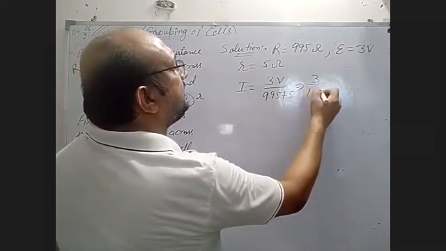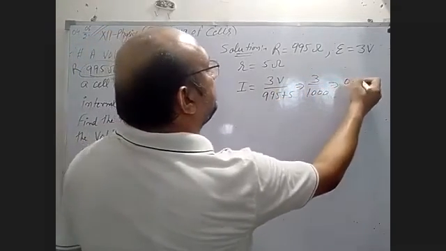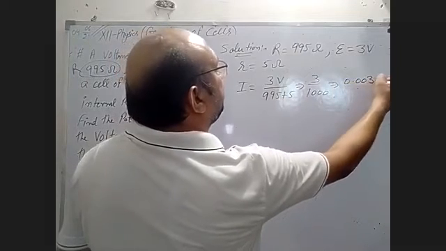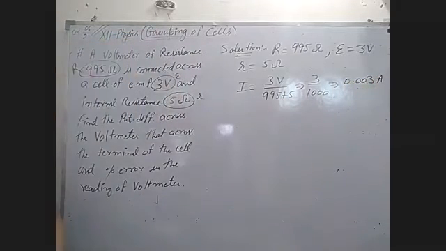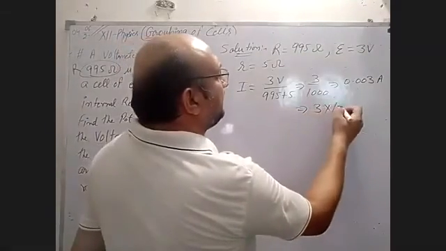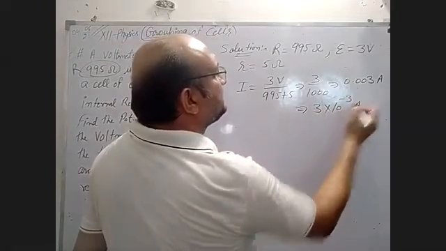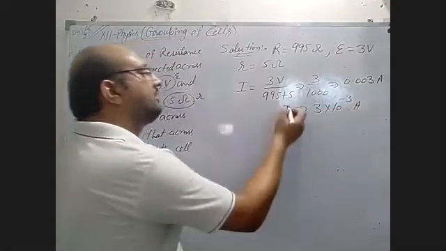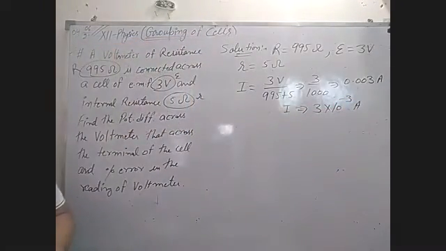Now 3 upon 1000, 0.003 ampere, or in milliampere, or 10 raised to the power -3. In this way you can write this value of I.